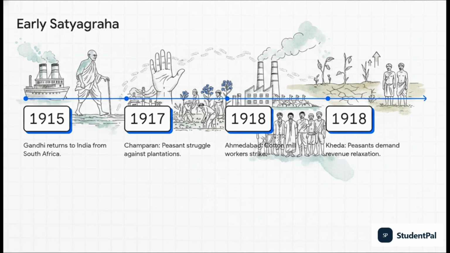Also in 1918, he threw his support behind the peasants of Kheda in Gujarat. These folks were hit hard by crop failure and a plague epidemic, and they simply couldn't pay their revenue. By successfully solving these local, real-world problems using nonviolence, Gandhi was gaining the absolute trust of the masses. He was building incredible momentum.